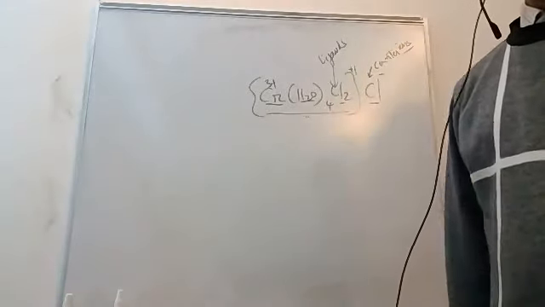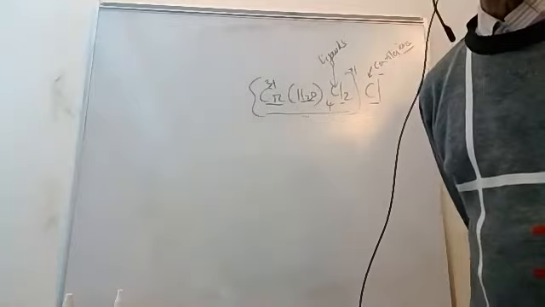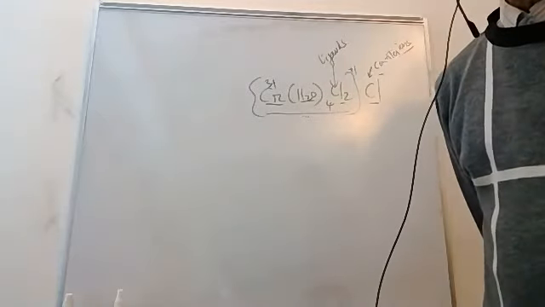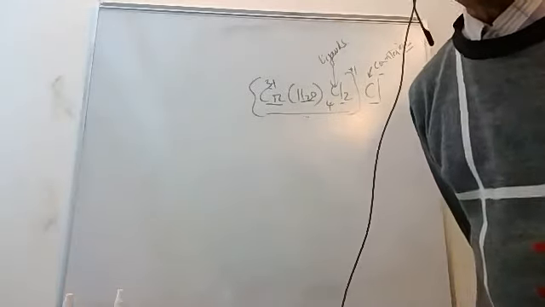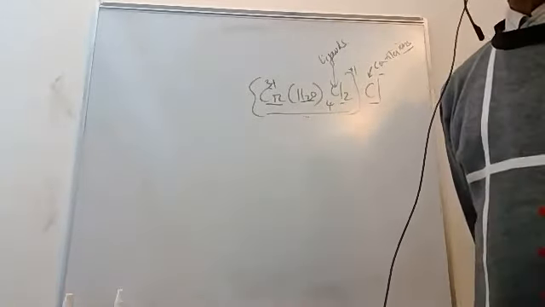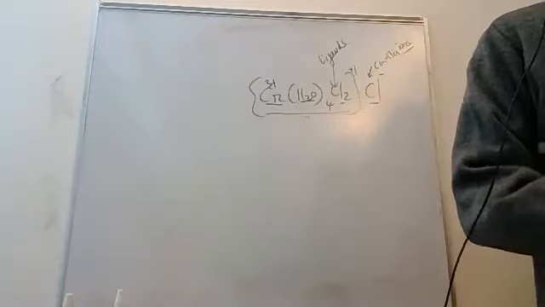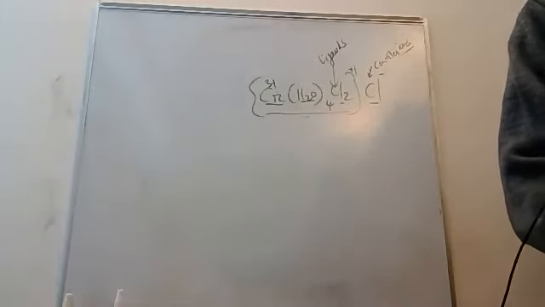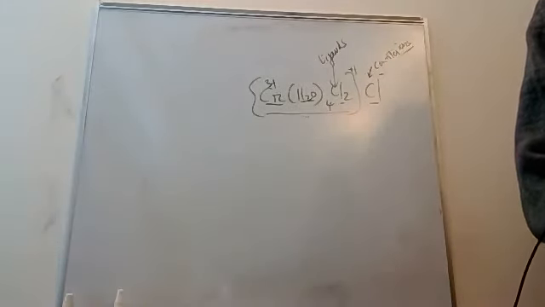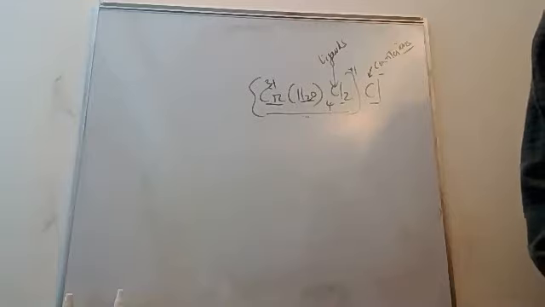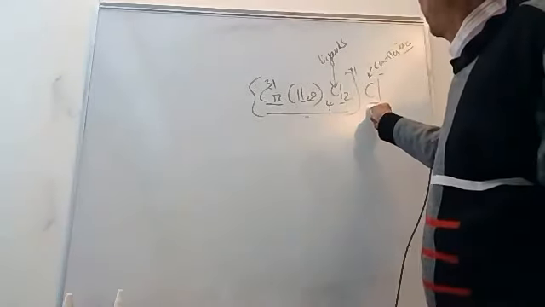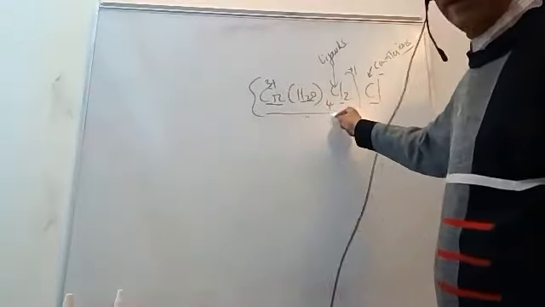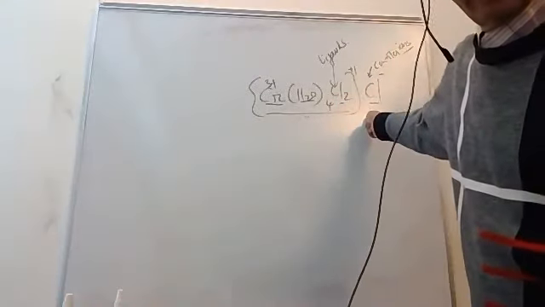We have 2 anionic ligands. They should be named first, right? So that should be dichloro. And there are 4 water molecules, tetraaqua, chromium 3, followed by chloride.